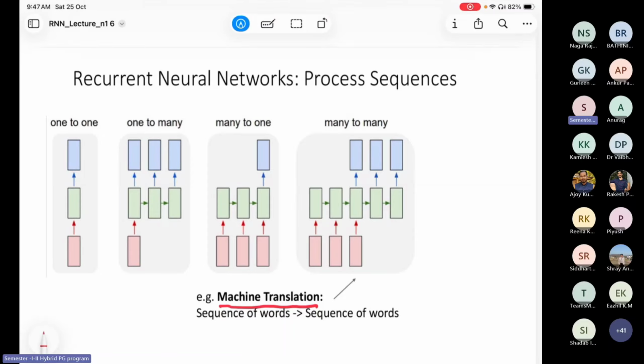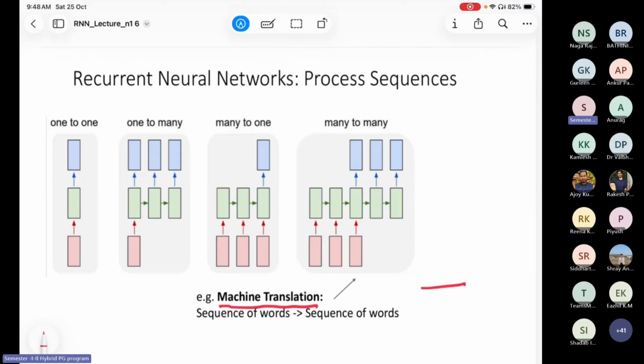It also has to capture context. It's not a very simple problem. The model should not predict each word separately, because then you would not get proper or meaningful sentences.